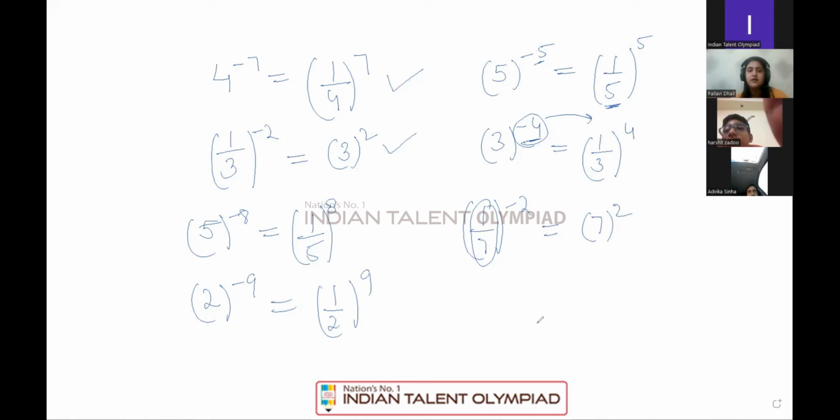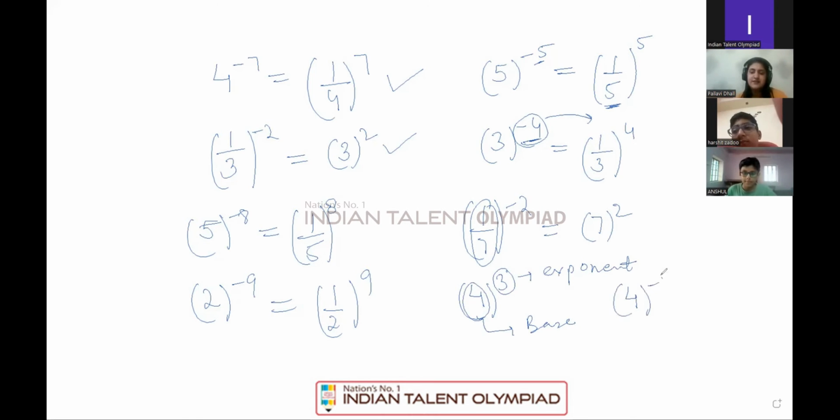Okay. So what we are doing here is exponents and powers. If we have 4 raised to power 3, this 3 is the exponent and 4 is the base. I hope you know this much. Now, if I say the exponent is -3, one thing you should keep in mind is that the exponent, or the power, should never be negative.